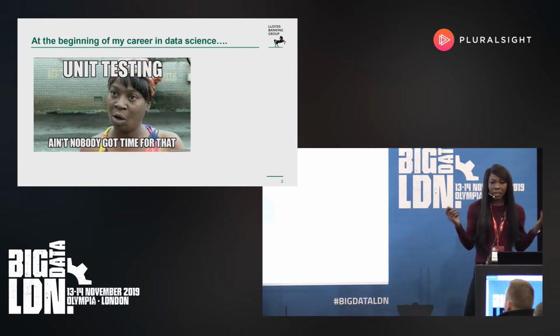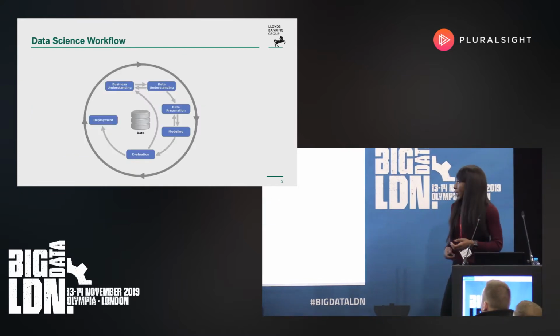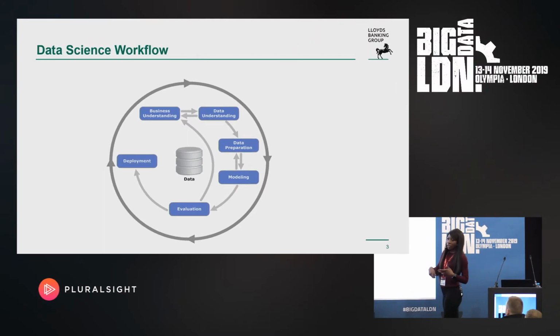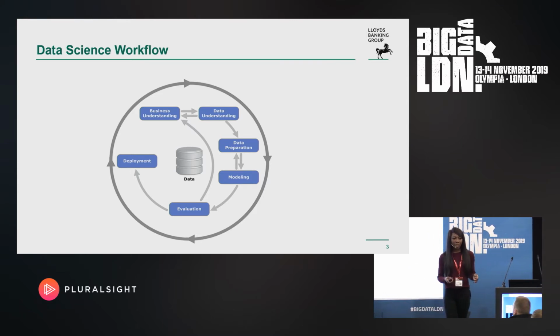Because if you think about the typical workflow of a data scientist, we typically tend to work quite closely with the business to understand what the problem is. Then you move on to your data understanding, working quite closely with your data engineers to explore what data sources you've got available to you.